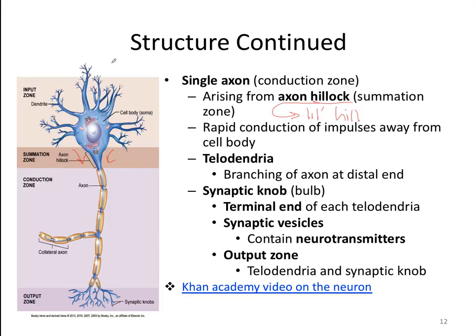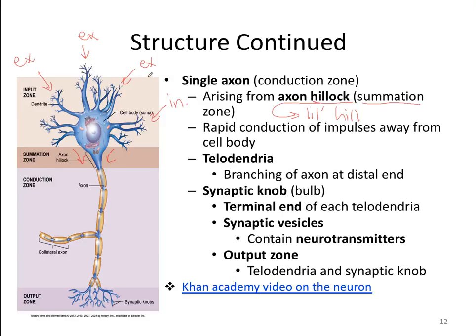So basically, let's say that this dendrite gets excited, and so does this one, and so does this one, and this one is experiencing an inhibition signal. So we have yes, excite, yes, excite, yes, excite, and then one vote for no, don't excite. The reason that it's called the summation zone is because you add up excitation, excitation, excitation, oh, one inhibition.